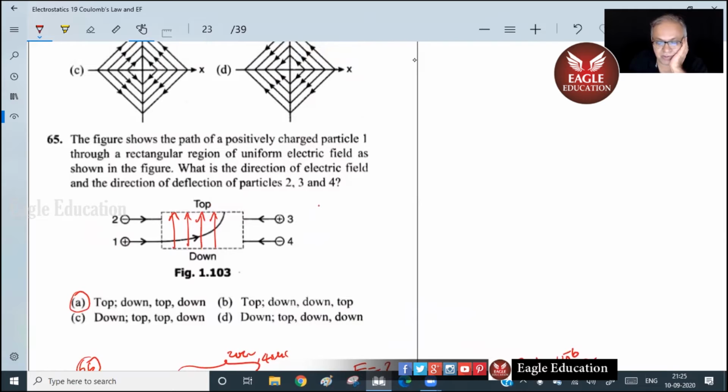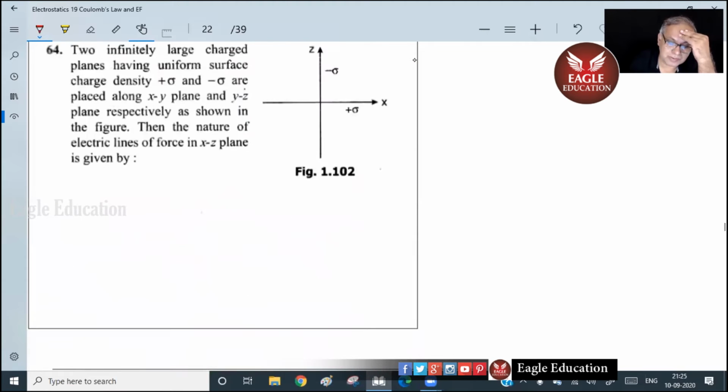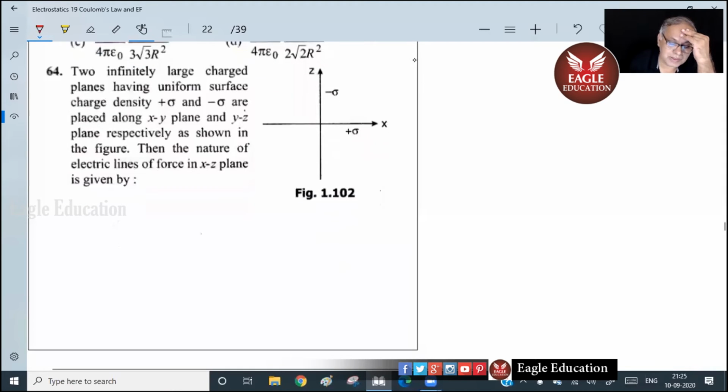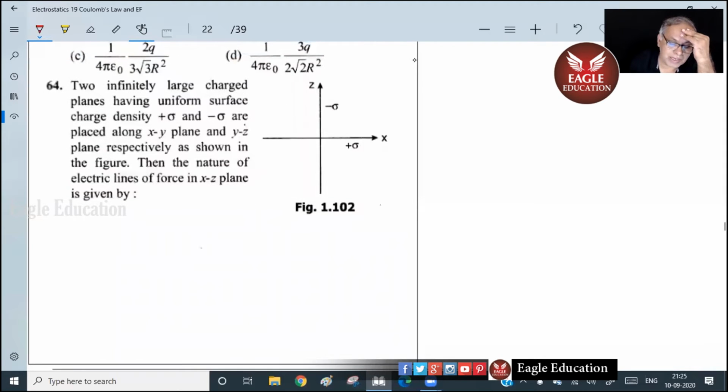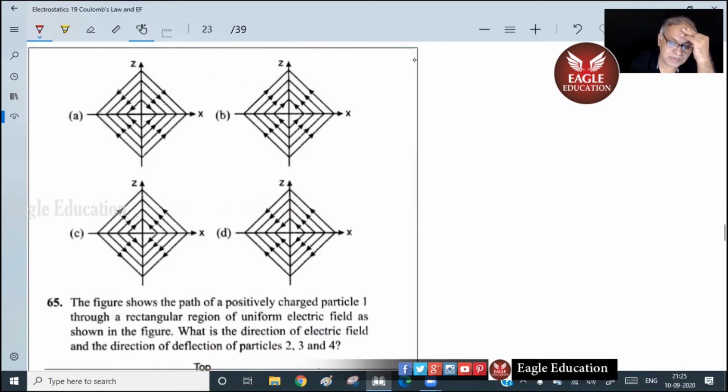I don't know whether people followed this, but you just read it and try to understand it. Now, tell me this question on your own. The nature of electric lines of force in the XZ plane. So of these field lines, which one is the right one?